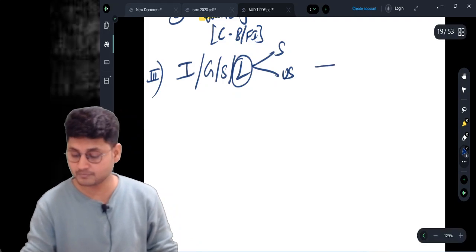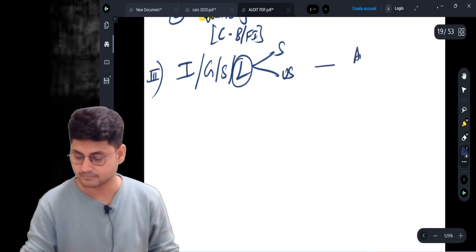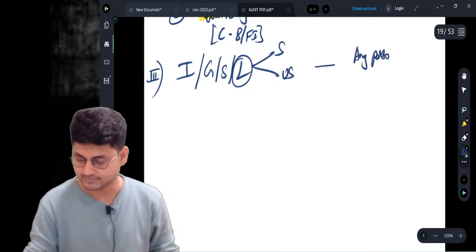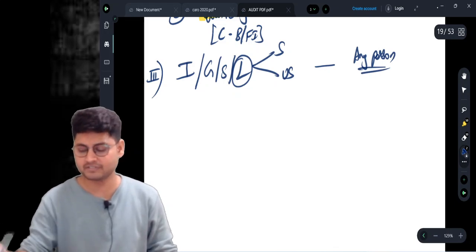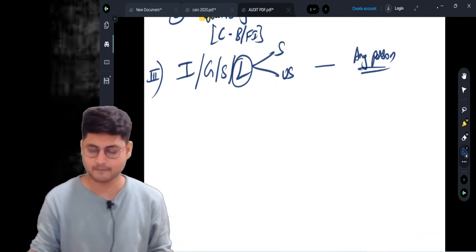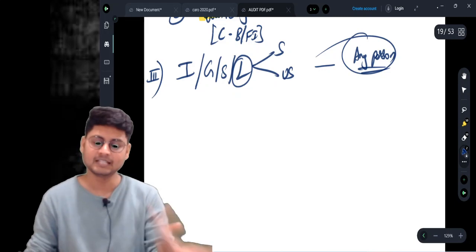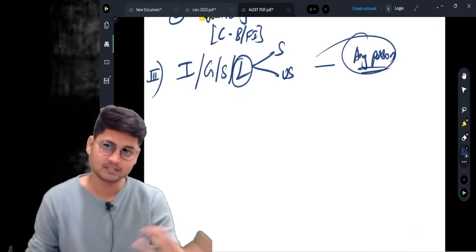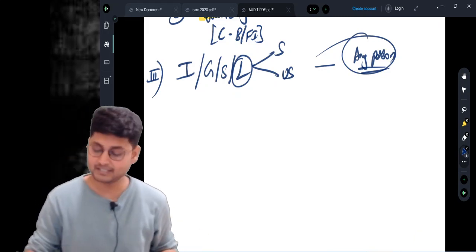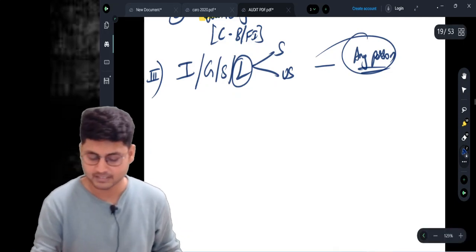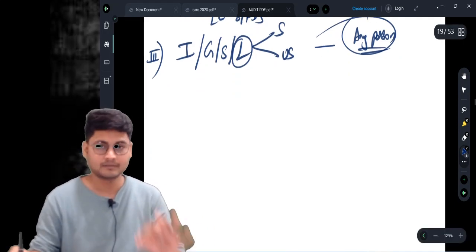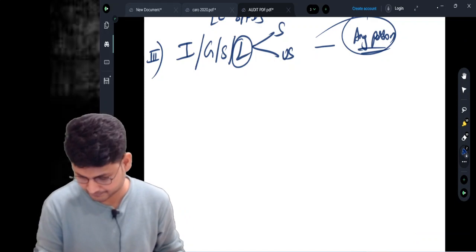And these are given to whom? Any person, and in this person there may be subsidiary company, joint venture, associate company, anything may be there, any person. It can be a limited liability partnership, it can be another company, it can be any body corporate. Now this is the main heading of this clause.